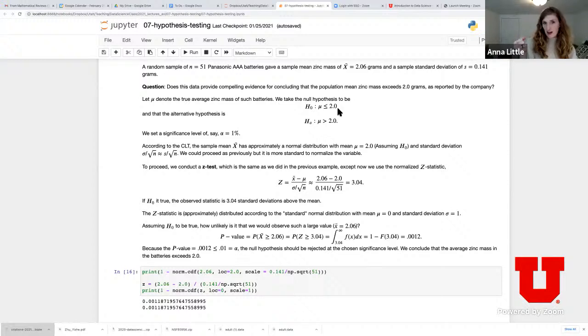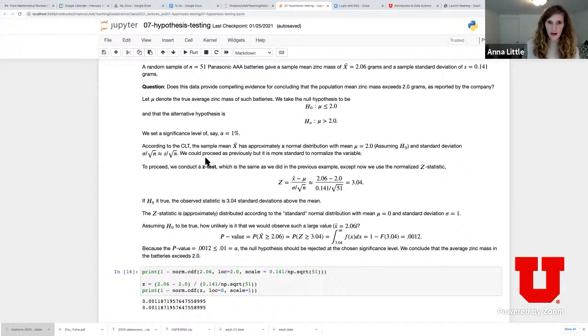So worst case scenario, it's just 2, and we apply this with that boundary value of 2. Okay, so the sample mean has an approximate distribution with a mean of 2. And again, a standard deviation of sigma over the square root of n, appearing in the CLT. We don't know the true population standard deviation, but we will approximate it with our sample standard deviation for now.